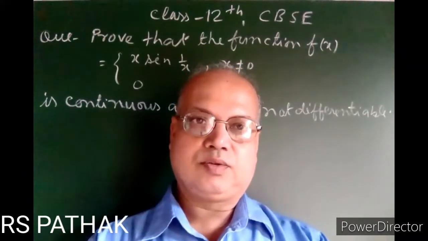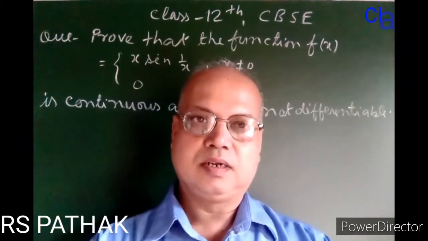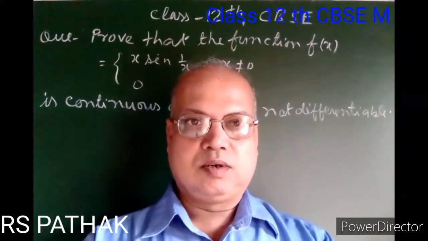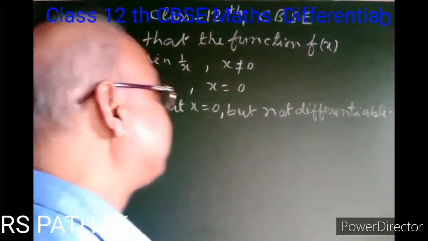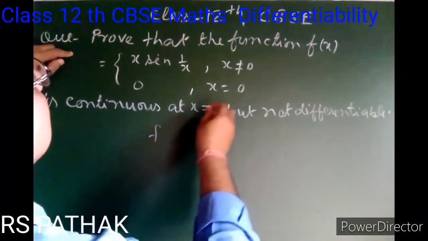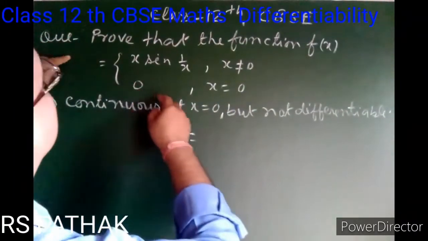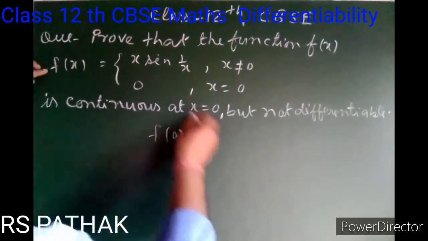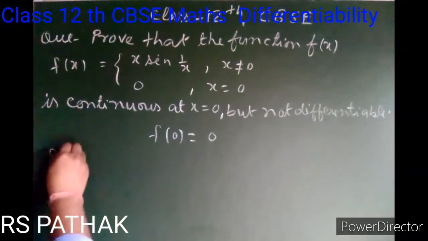Both the limits should exist and coincide, meaning both should be equal to each other. First of all, the value of the function at x = 0 is 0. Now the right hand limit.